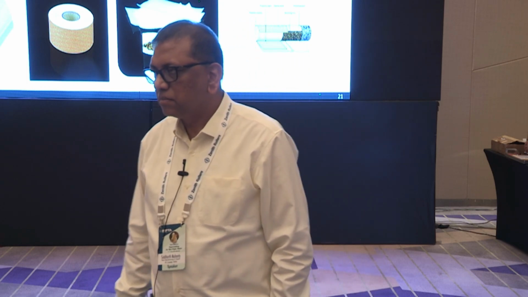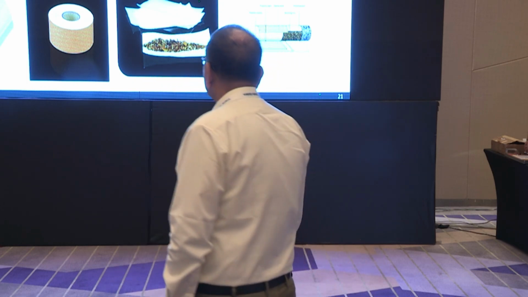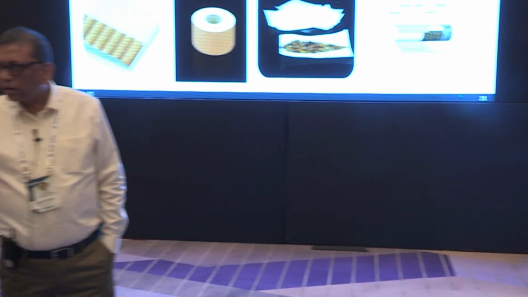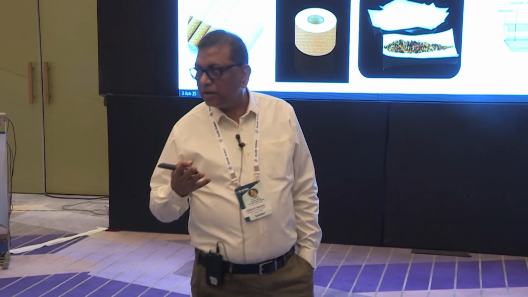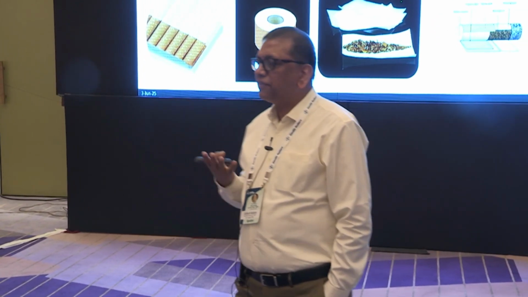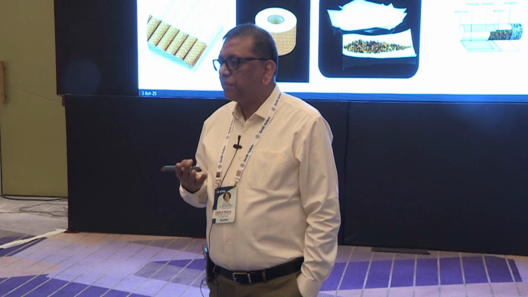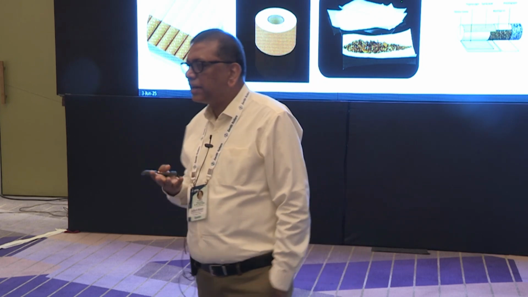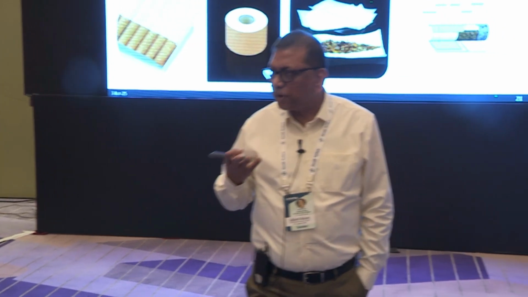Yes, that is called antifungal paper or antifungal board. The board or paper is coated with an antifungal chemical. Like today, if you buy Dove soap, it is packed in antifungal board. If you buy Pears soap, it is packed in antifungal board, because the soap contains high TFM, which means high moisture.